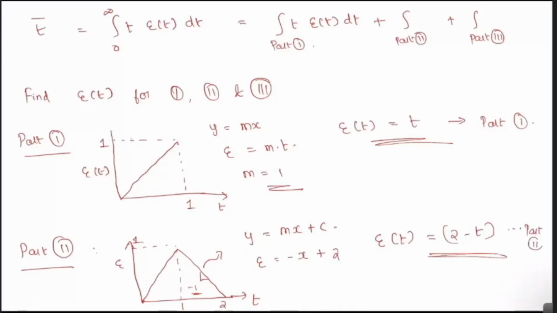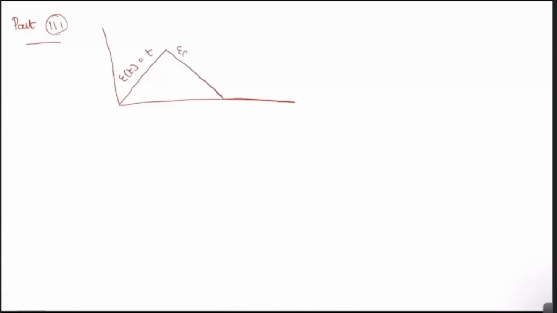Now move on to part 3. So for part 1 we had E of t as t. Then for part 2 we had E of t as 2 minus t.